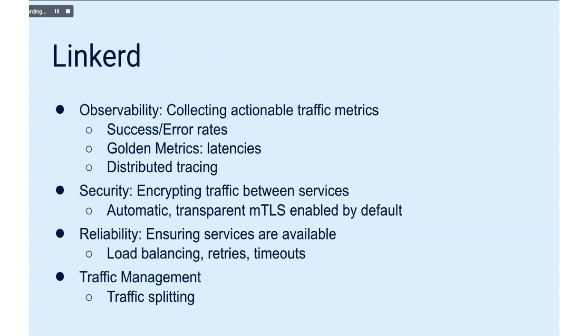So if you've got 5 instances of service A, the proxy has the information that it needs to send the next request to the instance of service A that is performing the best, or has the lowest latency. In addition to that, when we talk about reliability, we talk about retries and timeouts.